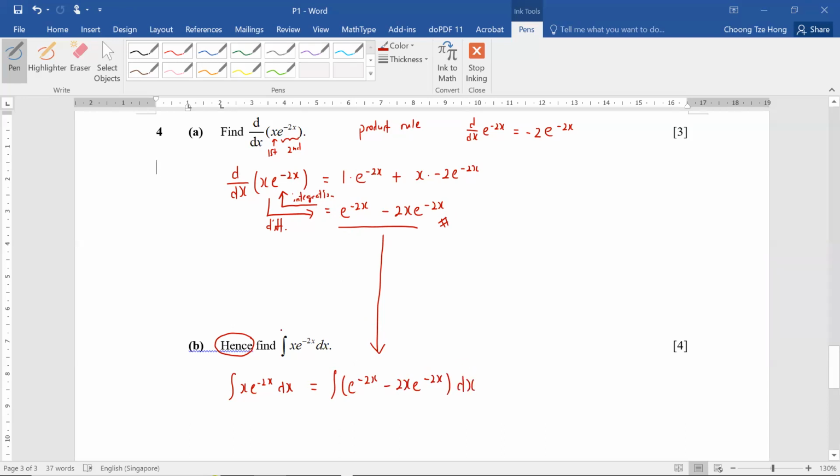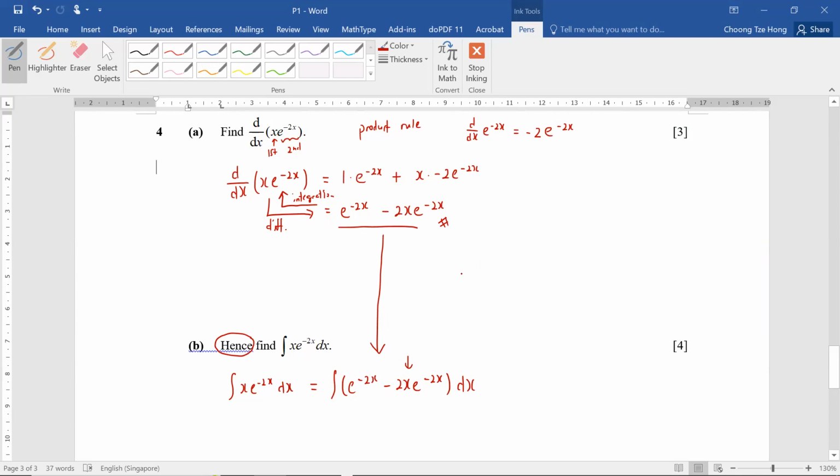Over here you need to ask yourself one question. What the question wants is x times e to the power of negative 2x. But over here I have two terms, and none of the terms is the same. The one that looks similar will be this term. Just that in front, the original question has just an x, but down here is a negative 2x.